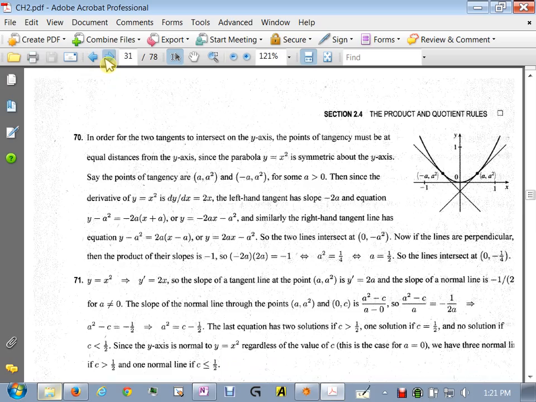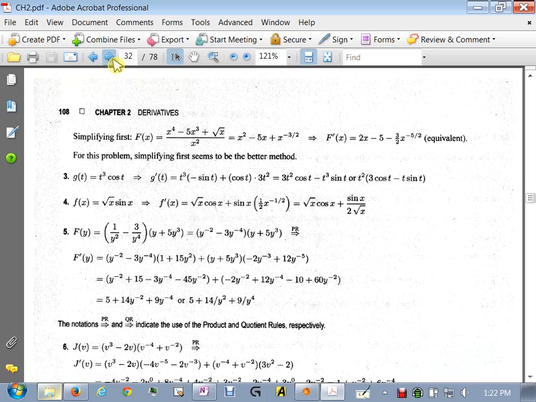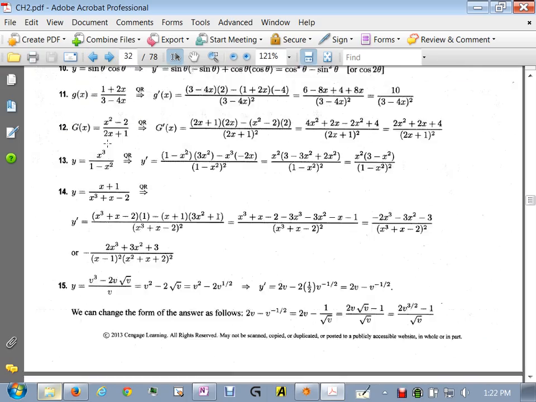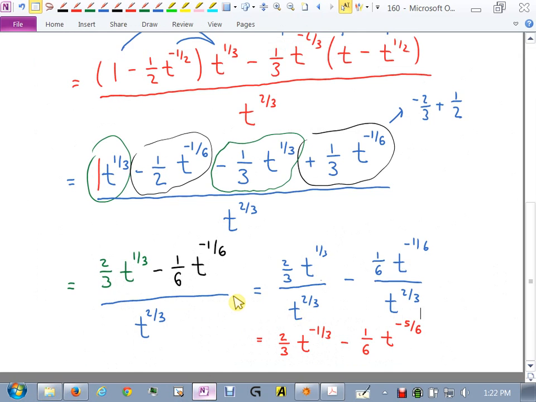Two-thirds t to the negative 1/3 minus 1/6 t to the negative 5/6. Got it? Okay. Good. Good questions. These are good exercises.